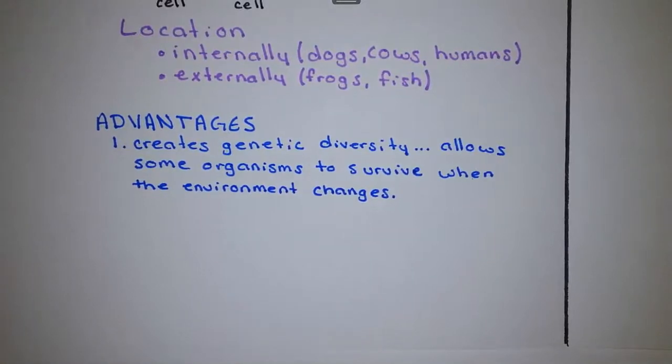Okay, so what do I mean by genetic diversity? Remember that the egg cell and the sperm cell contain different genetic material. They're not exactly the same. So whenever they fertilize and produce an offspring, the offspring is going to be genetically different than the parent cells.